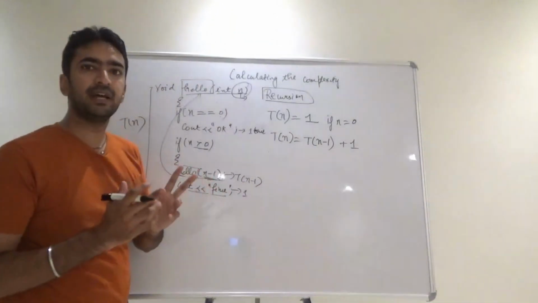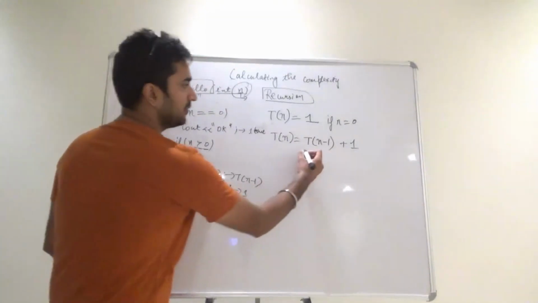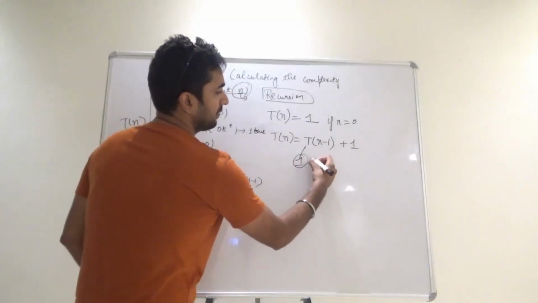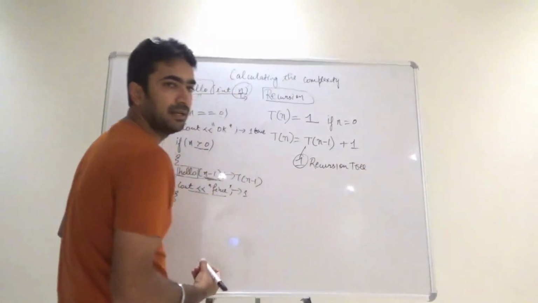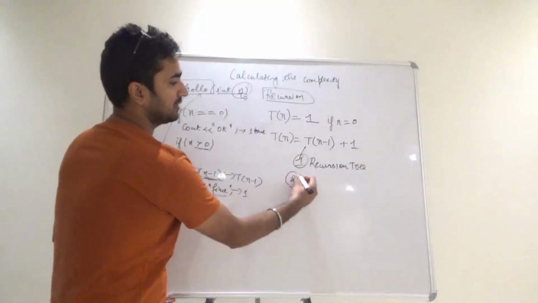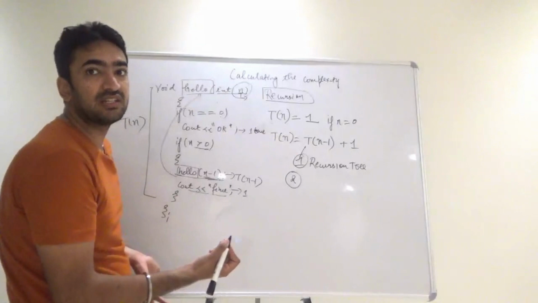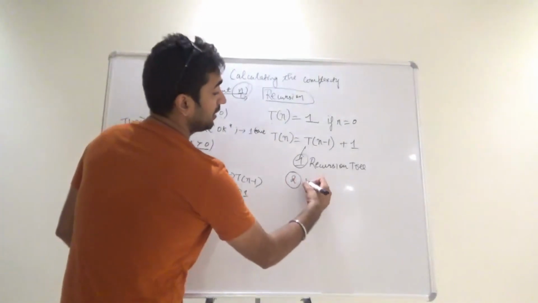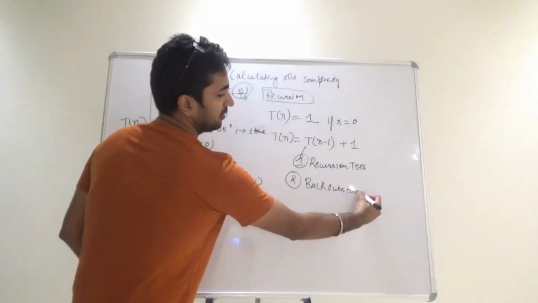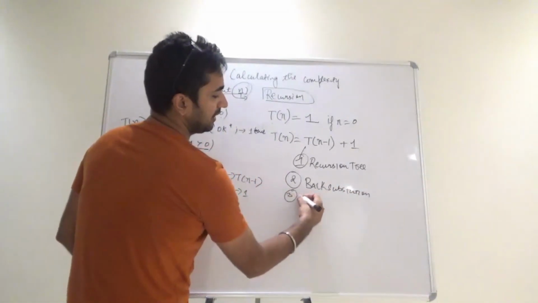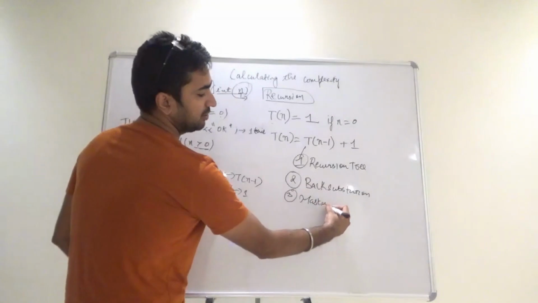Now it can be done in various ways. First way is the recursion tree method. Second way is that we can use the concept of back substitution. We will be doing substitution also. And the third method is Master's theorem.